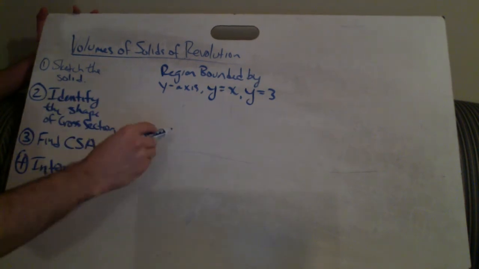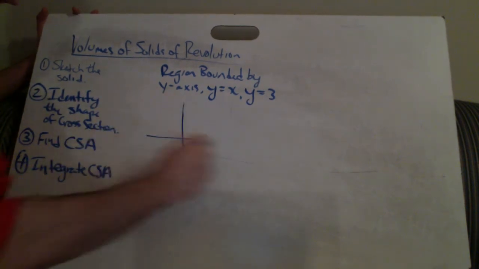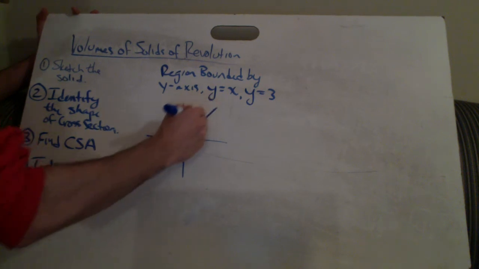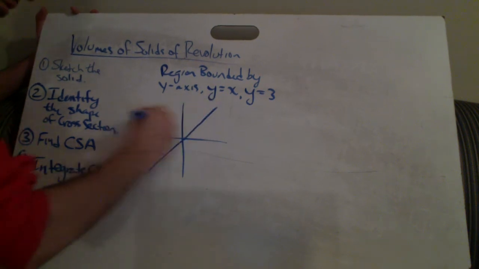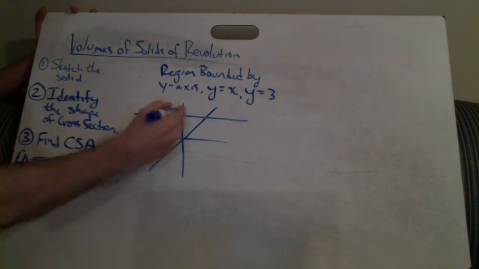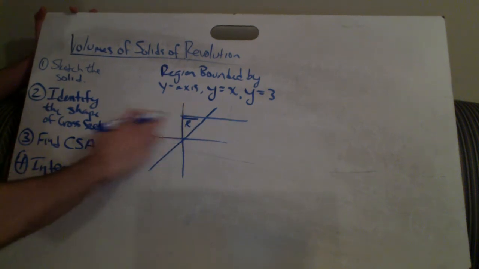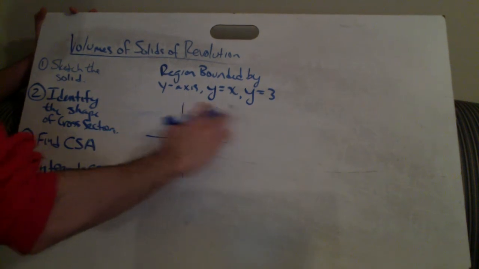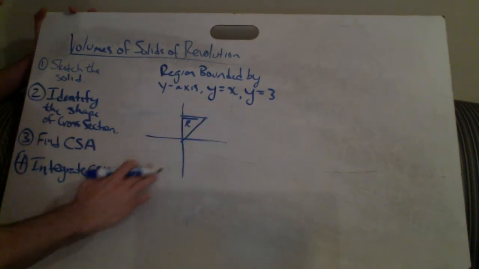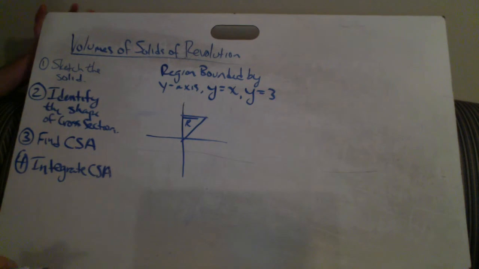So let's sketch this region. Here's the line y equals x, here's the line y equals 3, and here's the y-axis. So here's my region here. I'll call it R, and I'll just erase every part of it that I don't need for this particular drawing. There's my R.